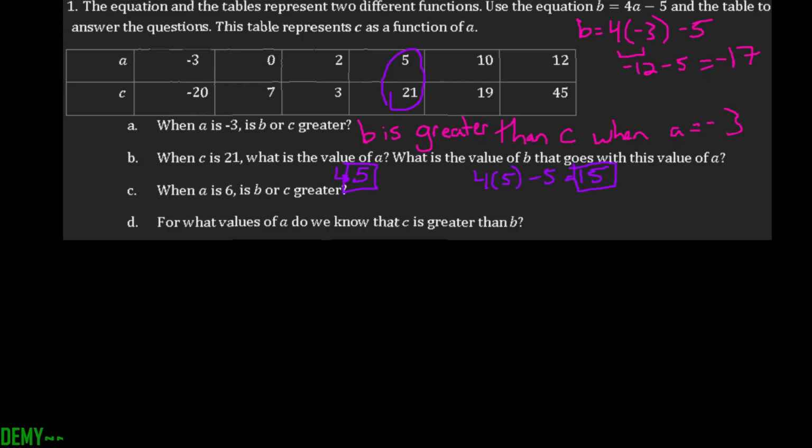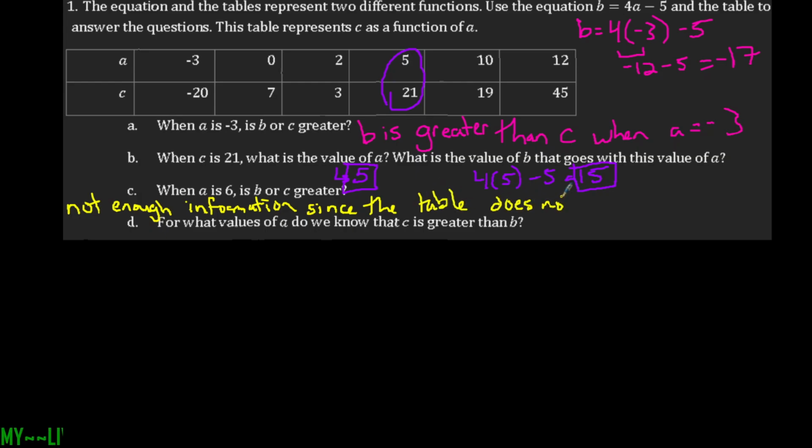Then it says for the third one, when a is 6, which one is greater, b or c? Well, we actually can't compare that one. We're going to say not enough information. The reason why that comes up is because the table does not have a equals 6.